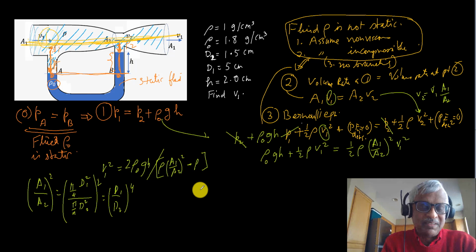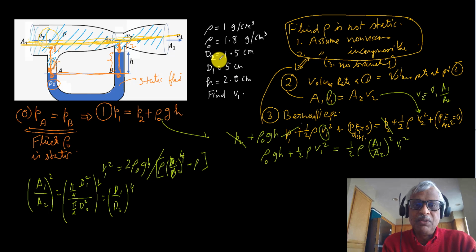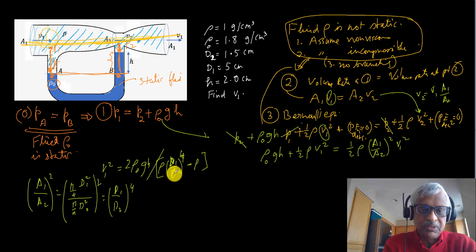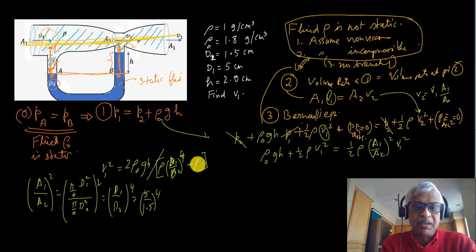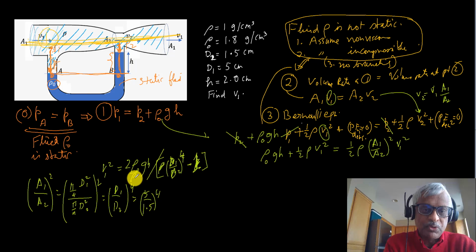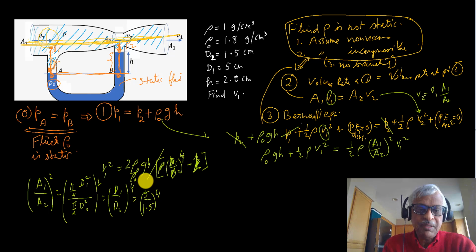So we have d1 over d2 to the power 4, and d1 over d2 is 5 over 1.5. So this is 5 over 1.5 to the power 4. We can just take the rho out from here, and so this becomes 1, and this is equal to rho 0 per rho, I mean, not this rho.